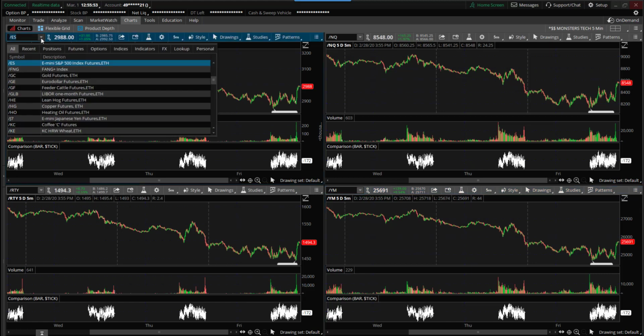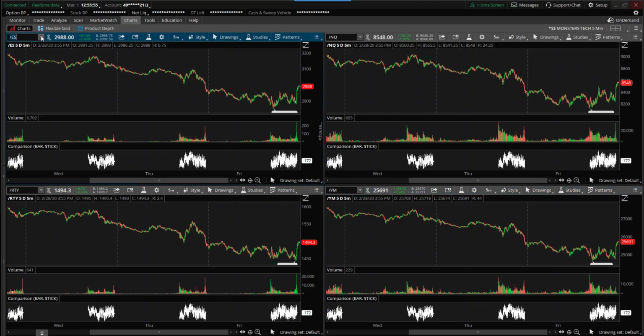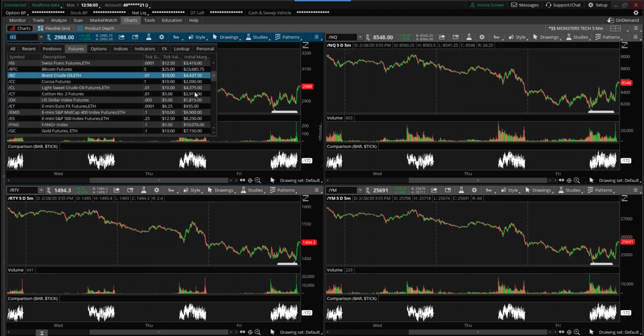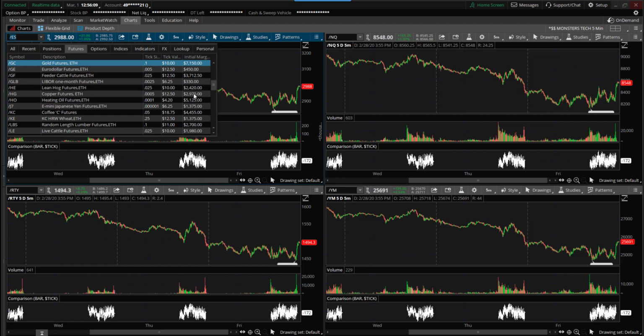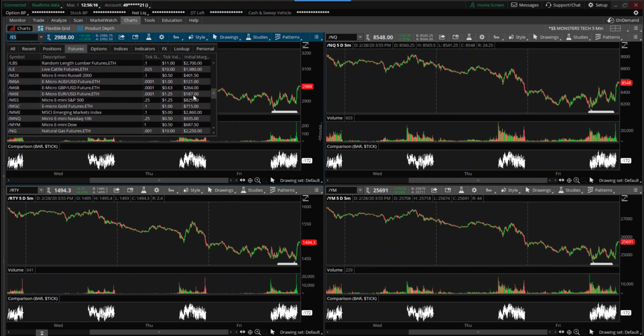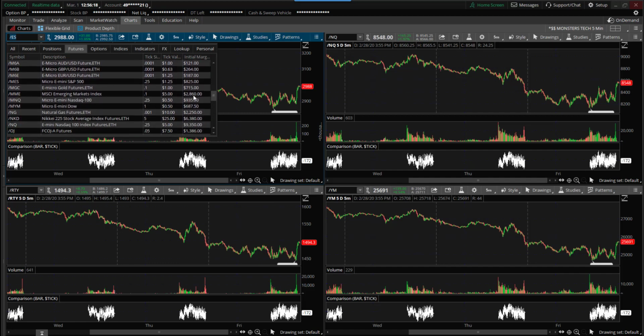On Thinkorswim, you can click on the drop down menu here, go to futures, and it shows you, quote, initial margin. Now, that initial margin is what they throw out there for a conservative estimate of what they anticipate you needing to have to trade that futures product in your account.